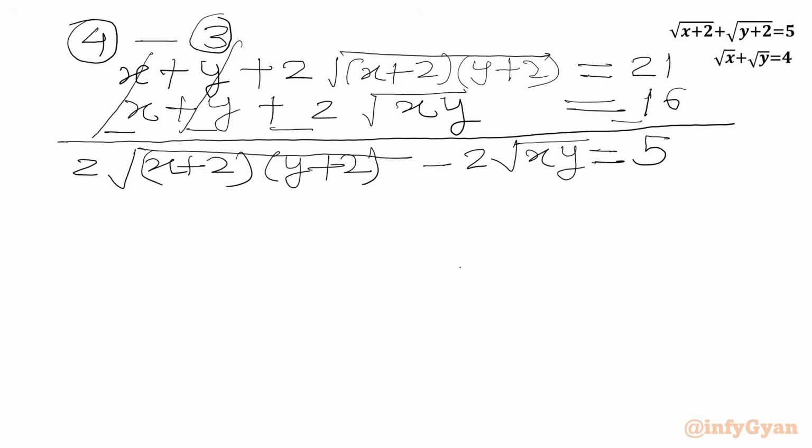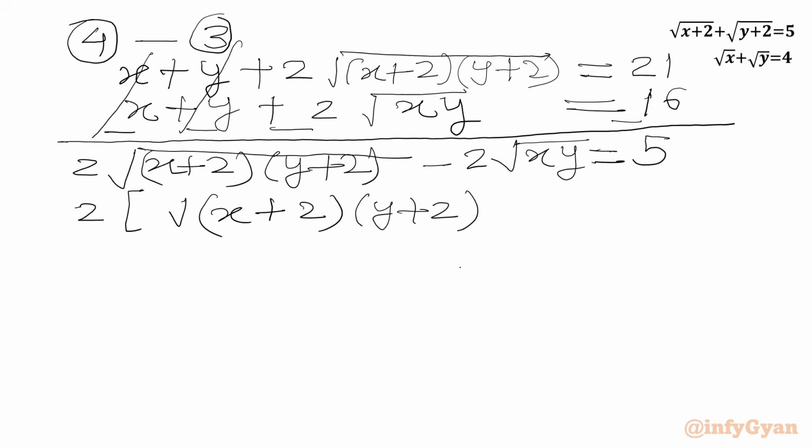Now we will take 2 common from LHS. So 2 in the bracket, we will write square root of x plus 2 times y plus 2 minus the square root of xy equal to 5. Now we will divide both sides by 2.